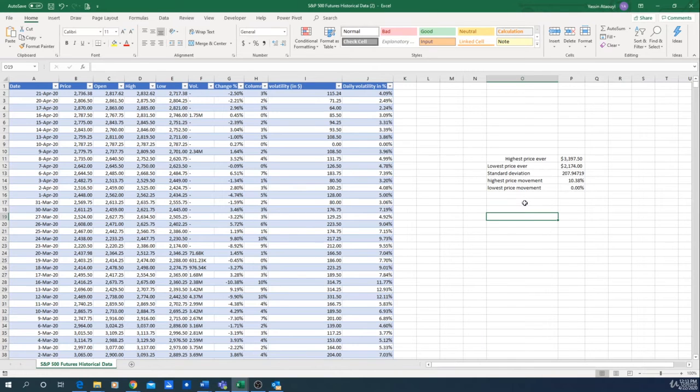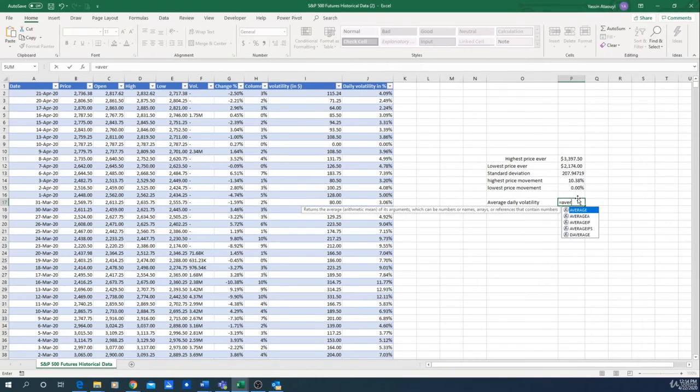All right, so the next question we wanted to answer was, what's the average daily volatility in percentage? So it's very simple. We'll write it down first. So daily volatility, and we'll calculate it. So how do we calculate this?